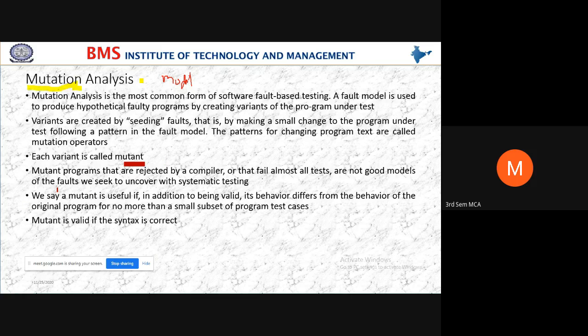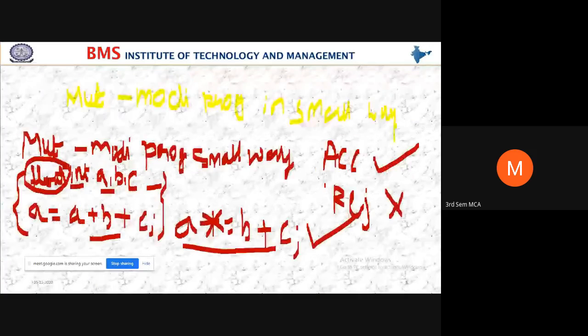And the mutant programs that are rejected by a compiler, or that fail almost all tests, are rejected. Here I told the students, if the program behavior is changing, if the program output is changing, then we reject the mutant.